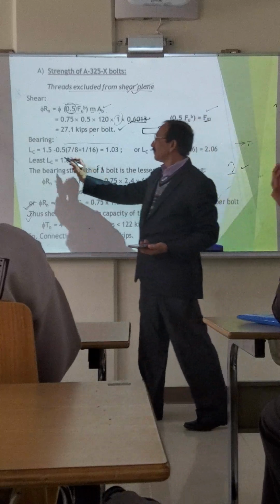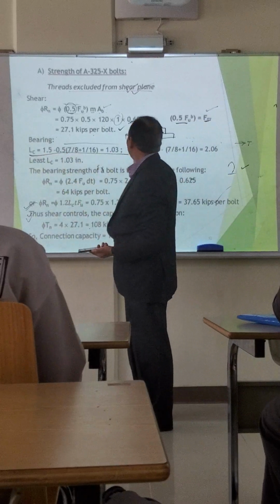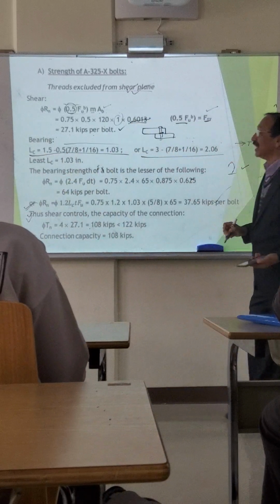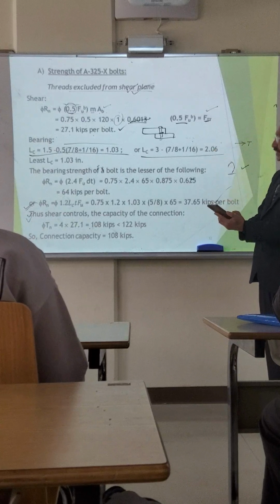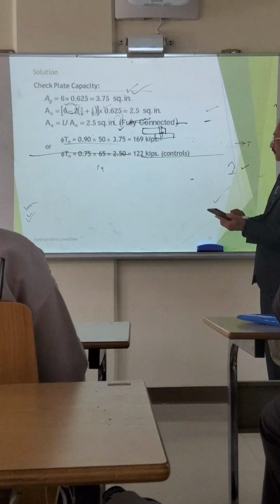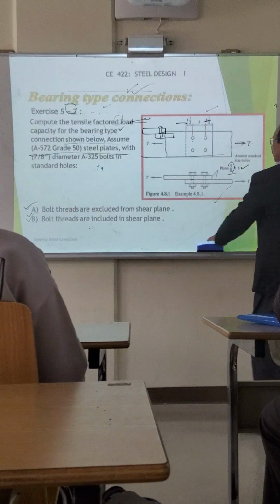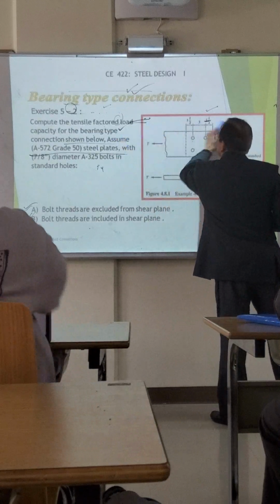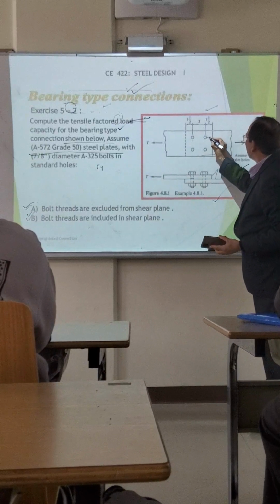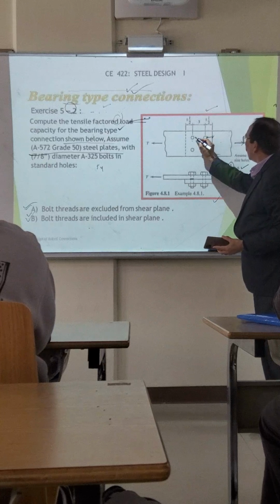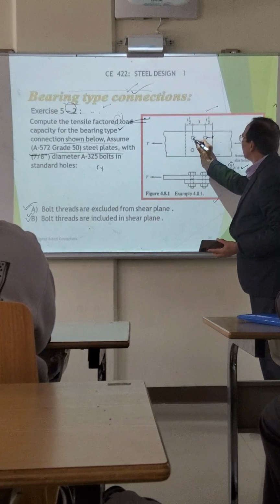Then we come to bearing. In the case of bearing, you will measure the values of this bearing distance, LC, because in the formula for bearing we need LC. For LC, we go back to this figure. See here. That will be your LC, 1.5 minus this, or this LC.